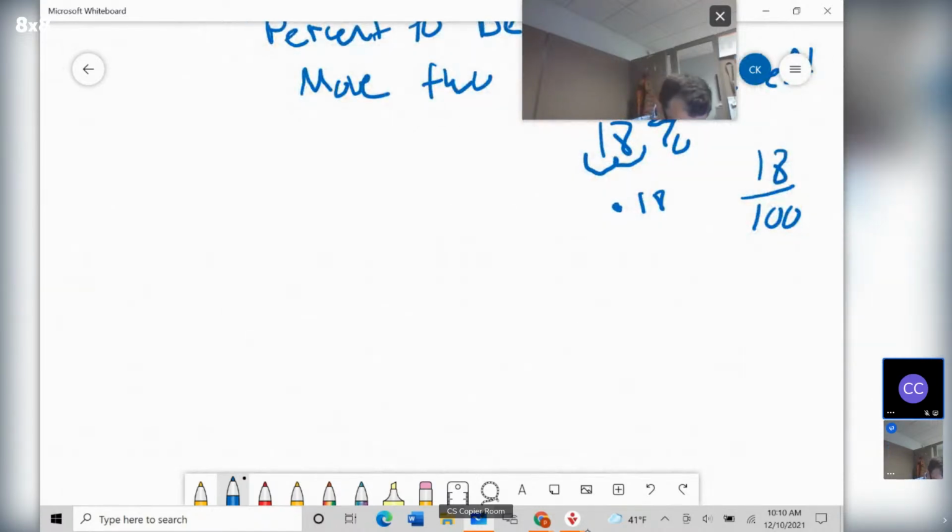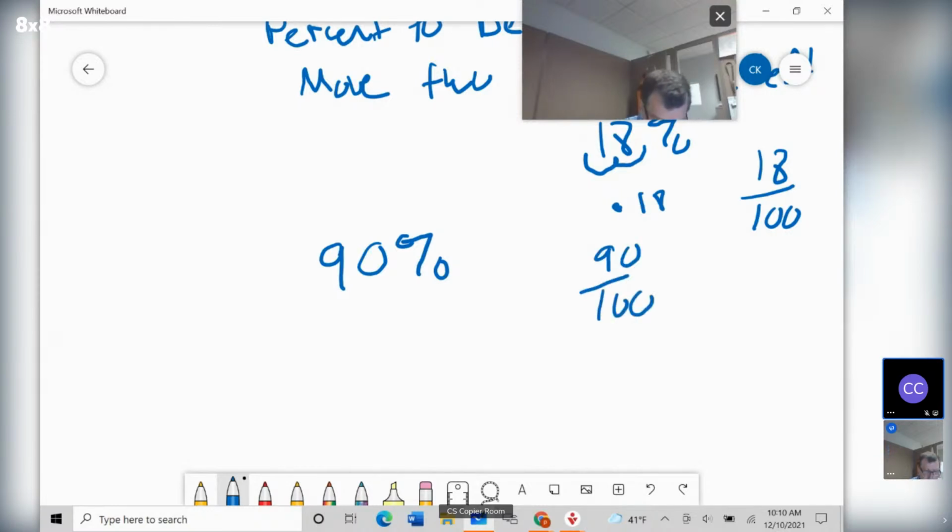So if we have 90%, remember that would be like 90 over 100. Okay, so there's 2 things you can do. I mean, you can do it a couple ways. If you see that, you're going to be like, I know how to write 90 over 100. It would be 9 tenths and 0 hundredths, excuse me.